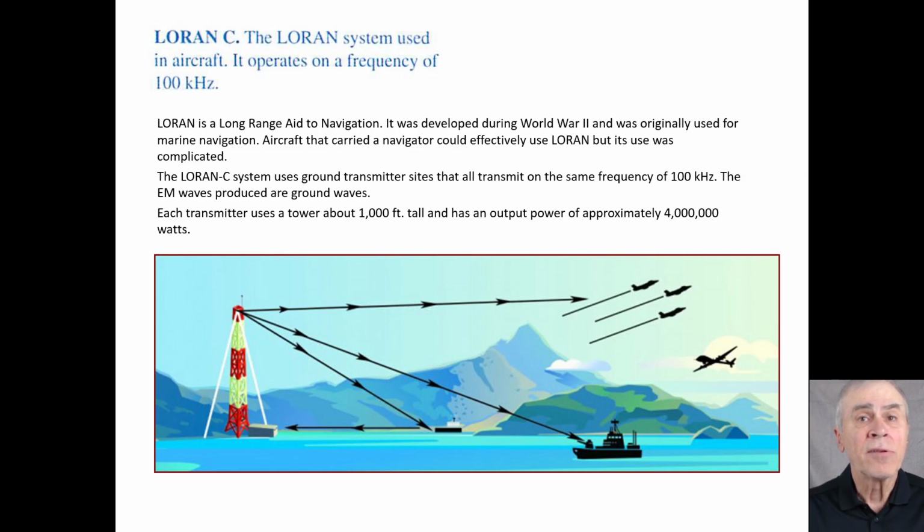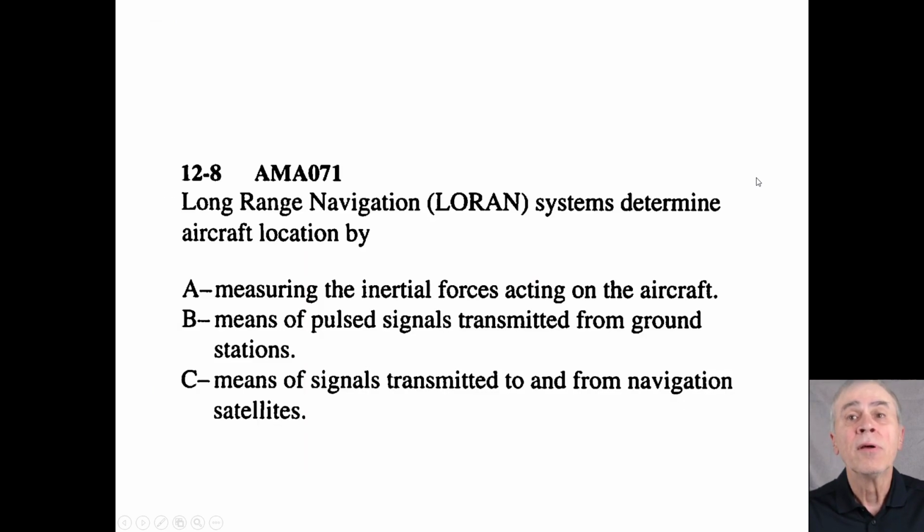It broadcasts on the frequency of 100 kilohertz. That's pretty low. The EM waves produced are ground waves. Each transmitter uses a tower about 1,000 feet tall and has an output power of approximately 4 million watts. And I think the only reason we even talk about it is because there's traditionally been a question on it.